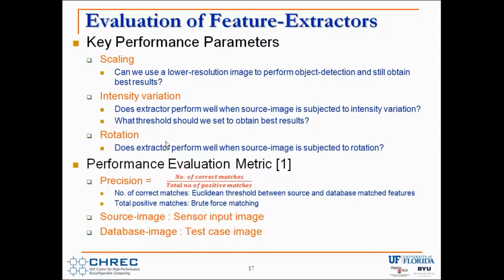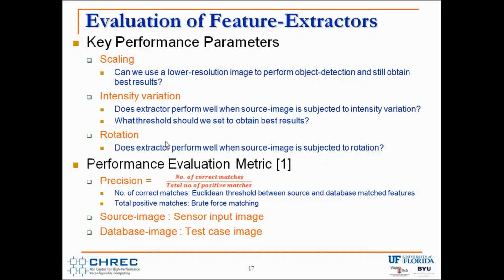In addition to the execution time, these extraction algorithms are also evaluated in terms of precision. When the image is affected by scale, intensity and rotations, the precision of image matching would drastically reduce.